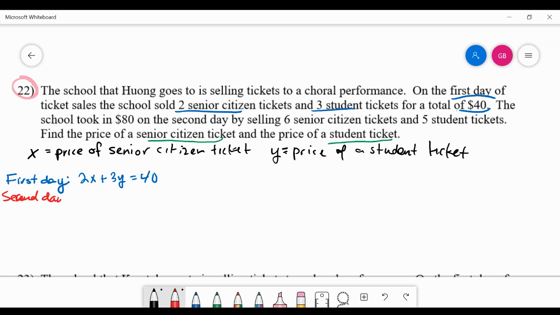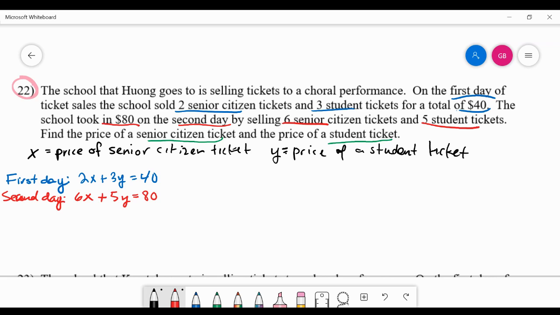On the second day, 6 senior tickets, 5 student tickets for $80. So 6x plus 5y is equal to 80.